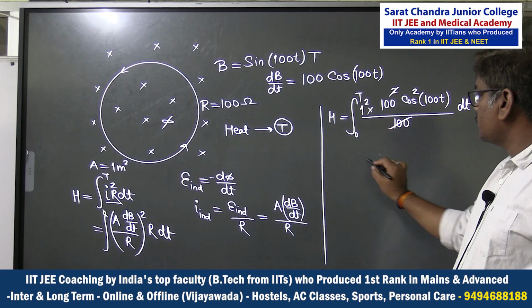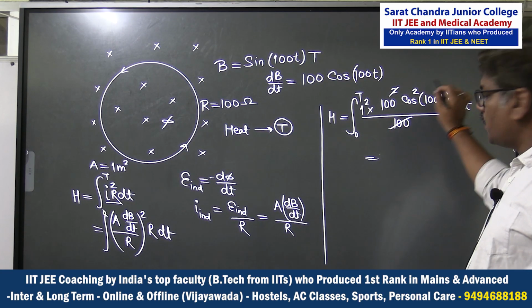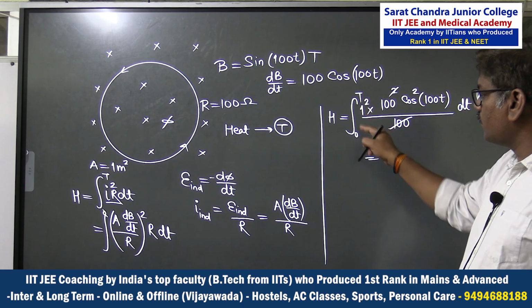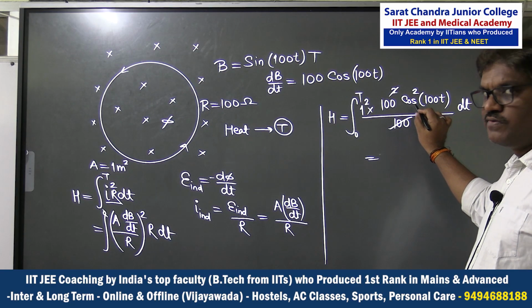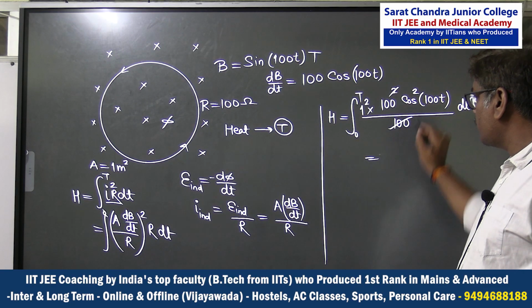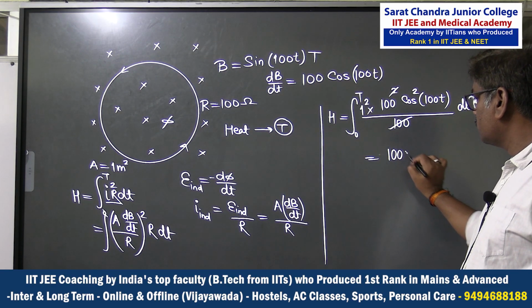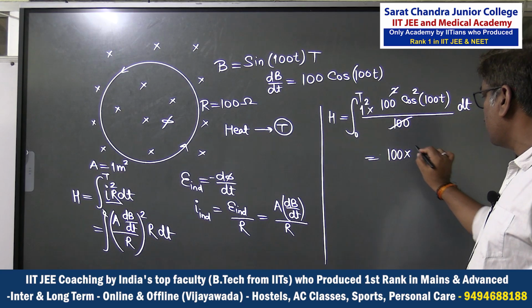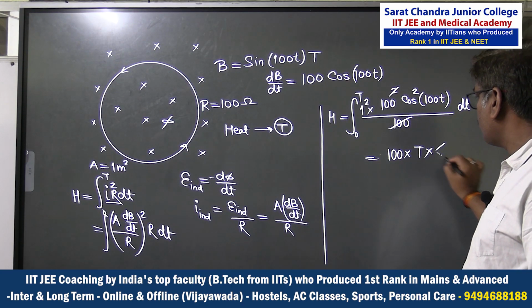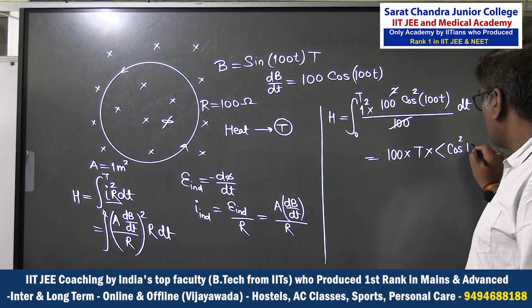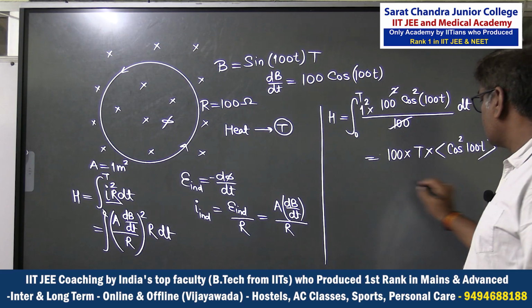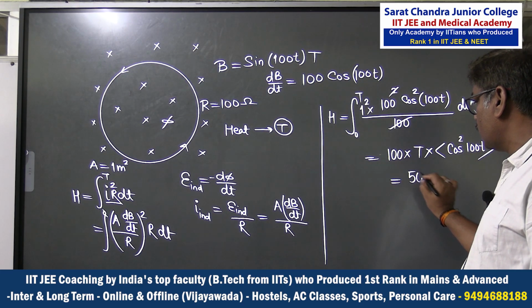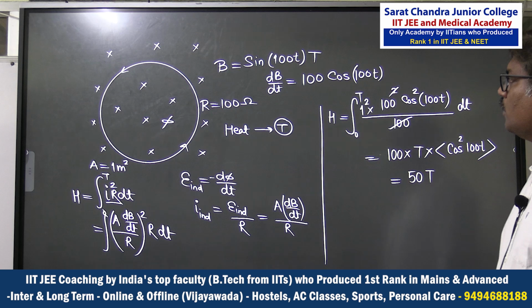This 100 cancels. This is cos square dt. You don't need to solve it because they are asking for one cycle. That means you can take the average value of this. The average value of cos square 100t in one cycle is 1 by 2. So it is 50 into t, 50 into time period.